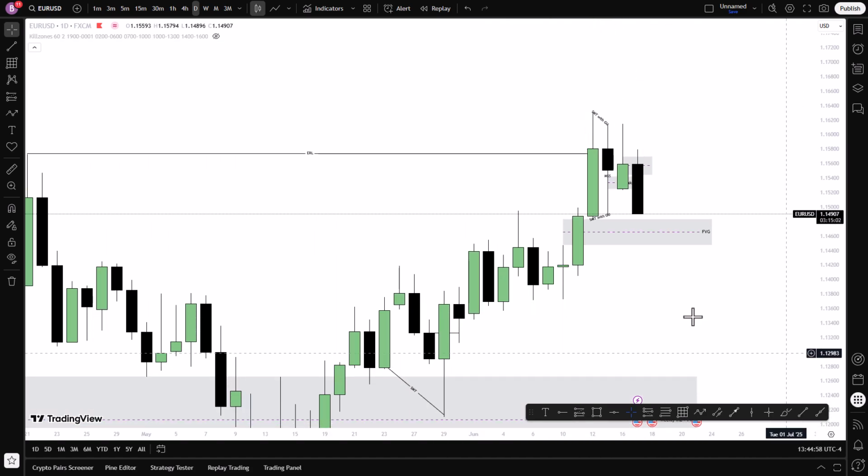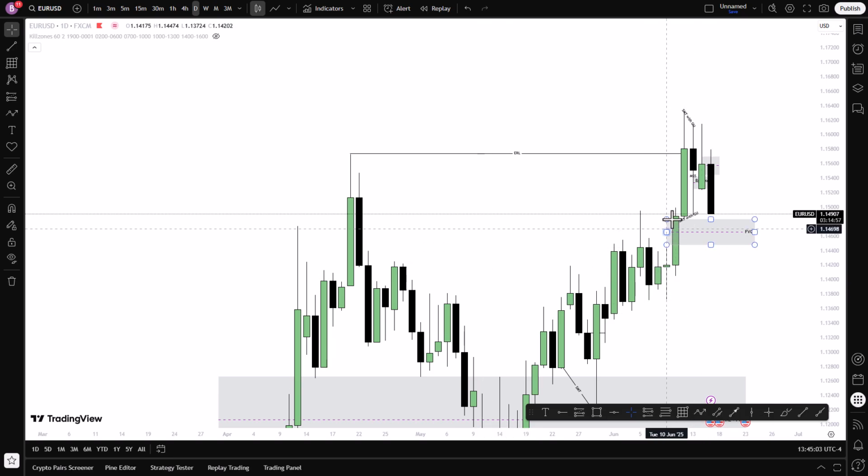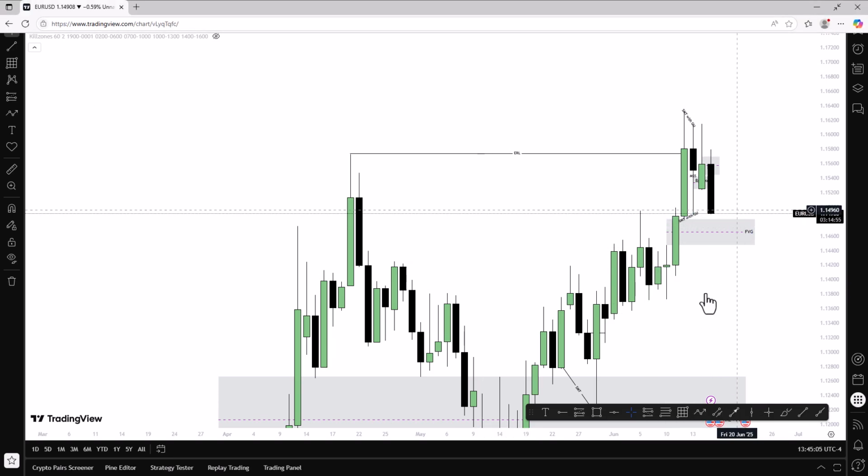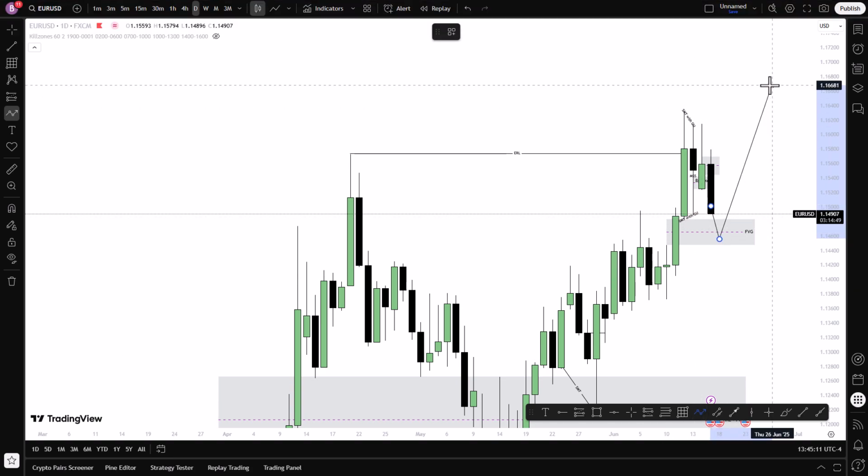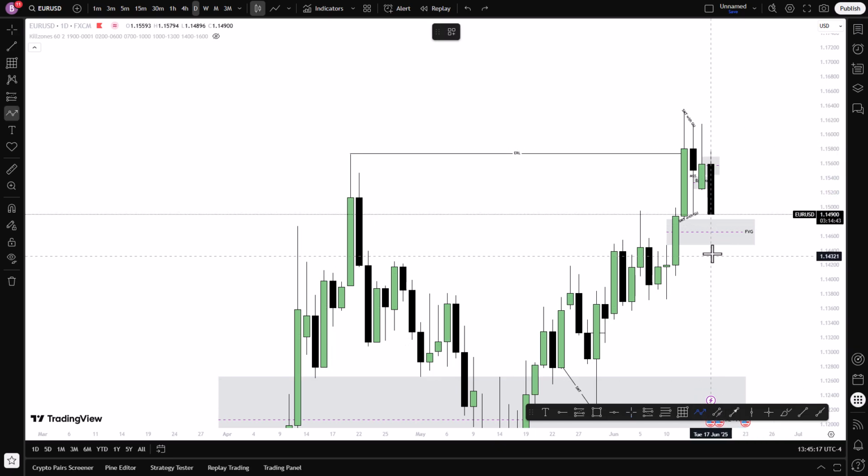However, on the daily, if we don't violate this fair value gap, we have the potential of price going bullish, from this level here to this level. But if price violates this, closes below it, we can see price respecting it and then coming down to this particular level.